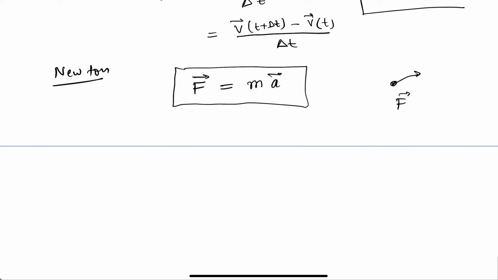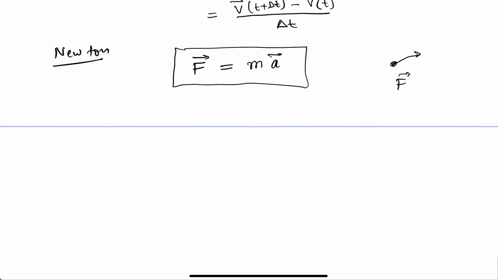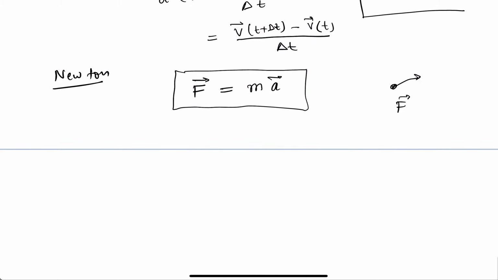This law came around 1600 when Newton wrote his Principia. But even before that, there were some laws. This was a very non-intuitive law, by the way.